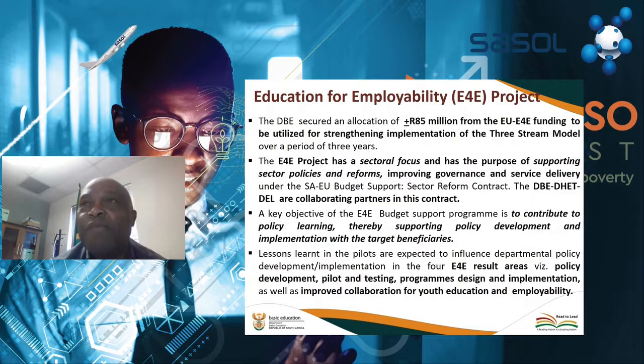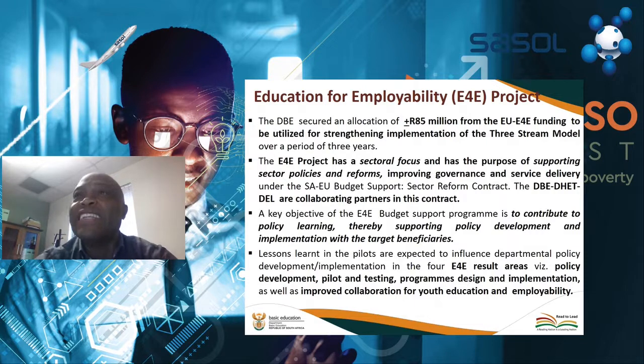So all 3 departments will be sharing in the 30 million euros. And Basic Education submitted the costed business plan in August 2021, and that business plan was approved by National Treasury to the tune of about 85 million rand over a 3-year period. And that is what we are utilizing currently to roll out the 3-stream model.